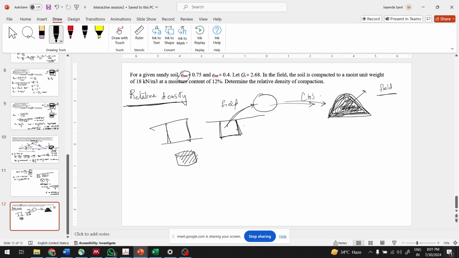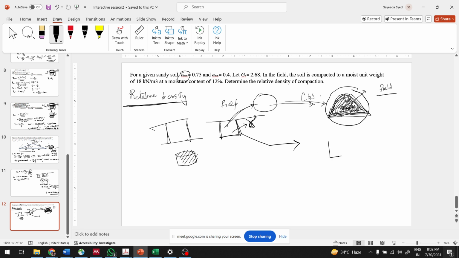Let's say I tell you the density in the field but I have not given you the soil sample, again you are lost because you don't know the characteristics of this soil. So, what are the characteristics that we are talking about?